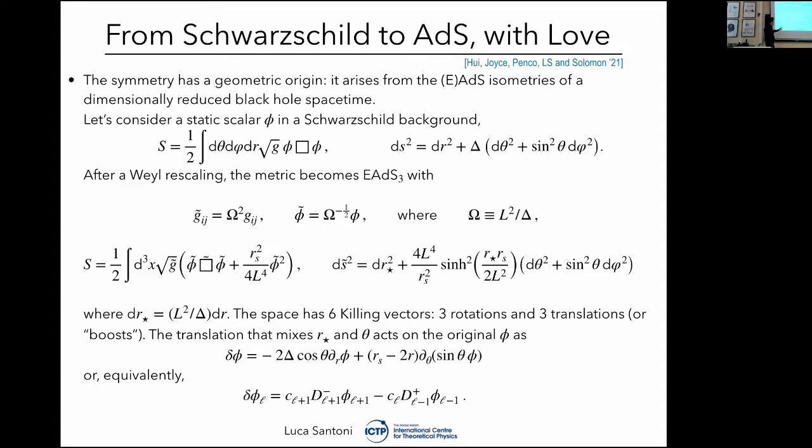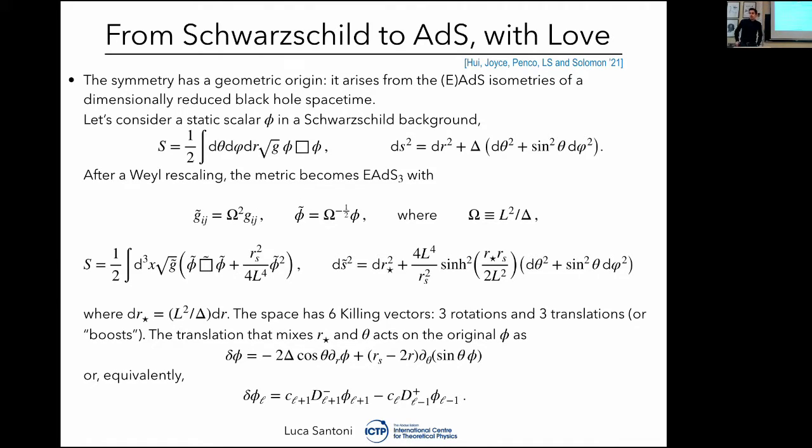The nice point is the following: if you take this symmetry and do a spherical harmonic decomposition, you discover that in L space it is basically a superposition of the ladder operators that I had before. These C are just L-dependent coefficients, so they're not very important. The important point is that the ladder operators are basically related to the isometry of this AdS3 space.